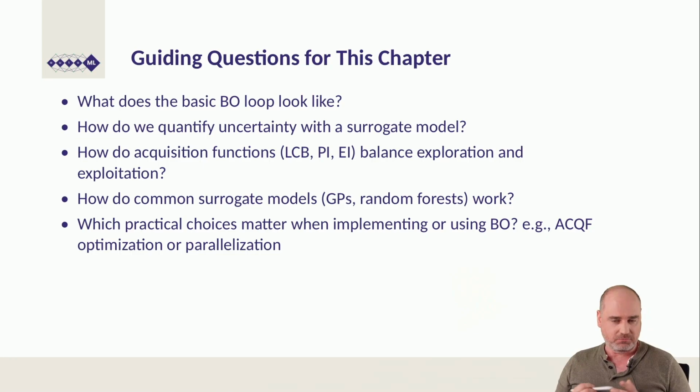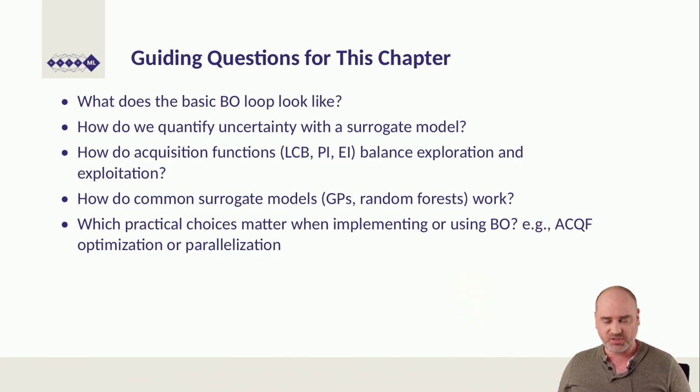Quick summary and an overview of the guiding questions for this chapter here. So we will talk about how the basic Bayesian optimization loop looks. How do we quantify uncertainty with a specific surrogate model? How do the most common acquisition functions look? How do they balance exploration and exploitation? And how do common surrogate models work?